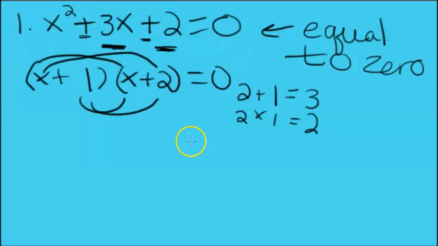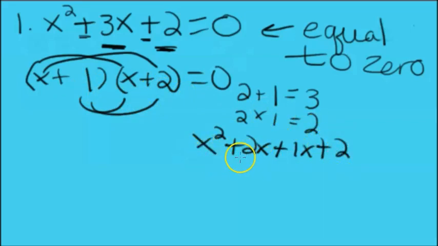So x times x is x squared, and x times 2 is 2x. Then 1 times x is 1x, and then 1 times 2 is 2.